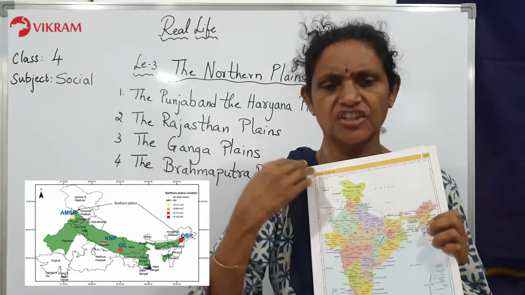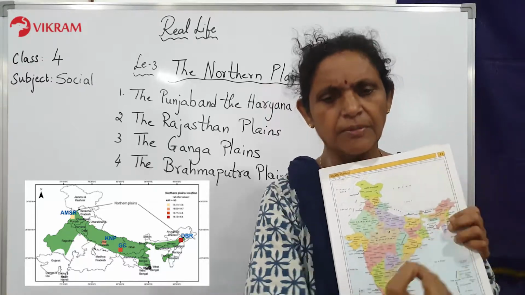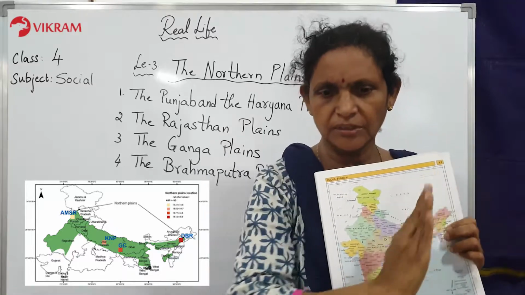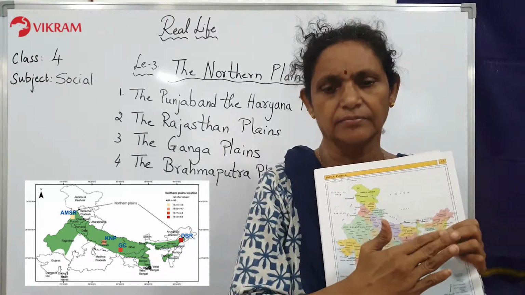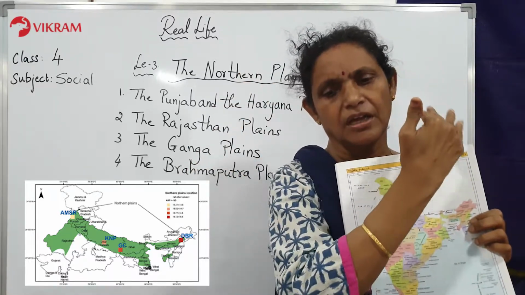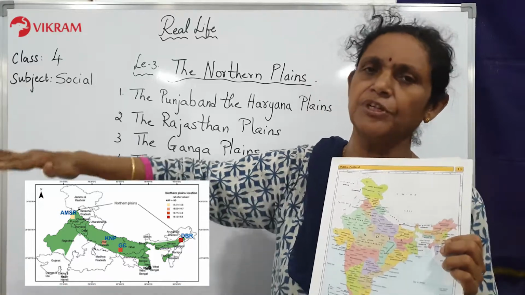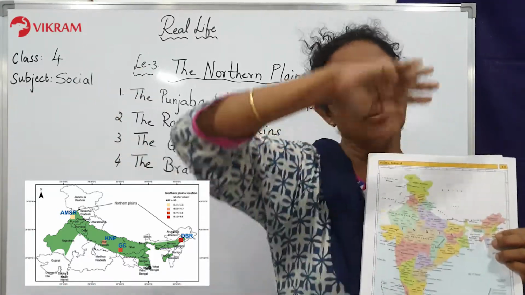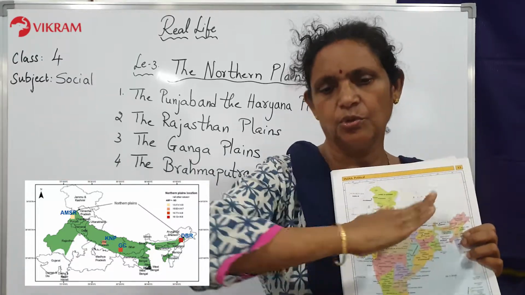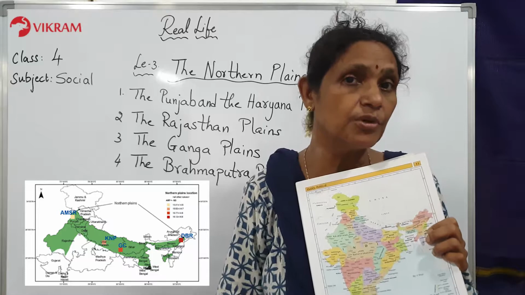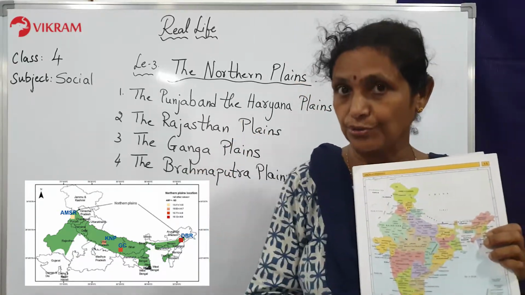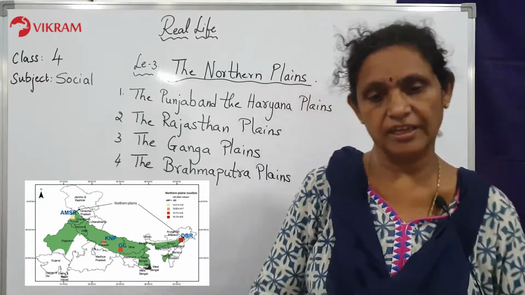They extend all along from the foot of the Himalayan mountains, with the width varying from 150 to 300 kilometers. The whole area from the mountain base completely up to West Bengal is spread out 3,200 kilometers. Very, very long area children.